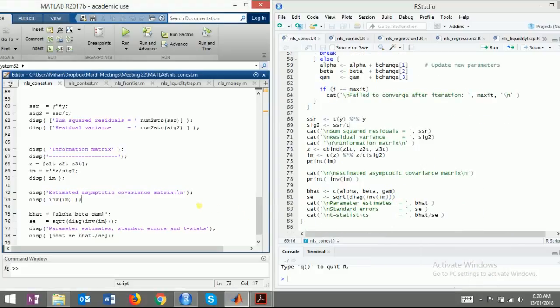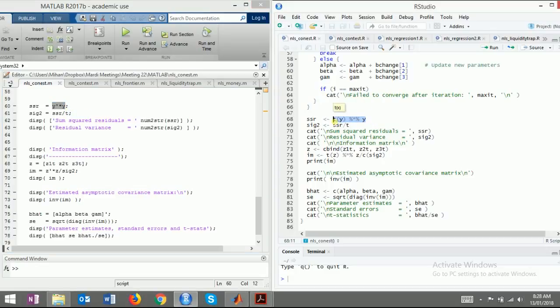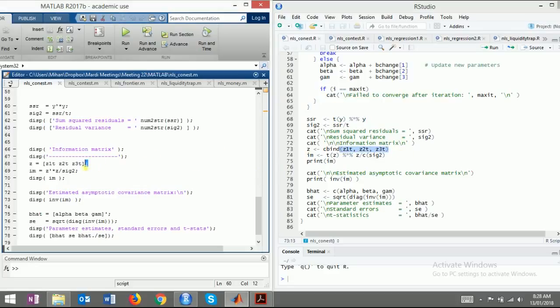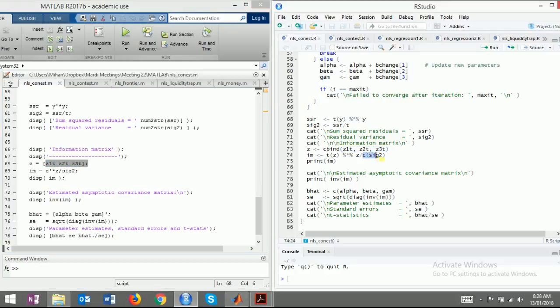So as we can see, it is quite not complicated at all, just like before, exactly as in the problem before. We have calculated the sum of squared residuals, u transpose u, both are matrices, so multiplied with the percentage sign. Then column bind information matrices. Information matrix is transpose of z multiplied by z, both are matrices, divided by sigma square.